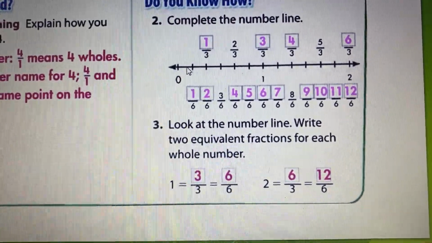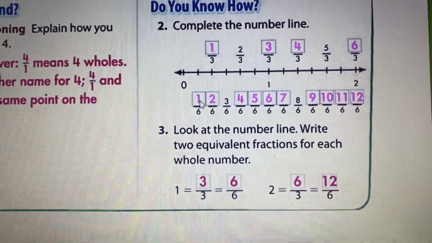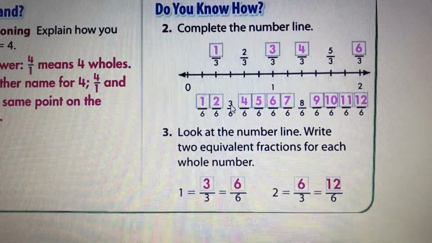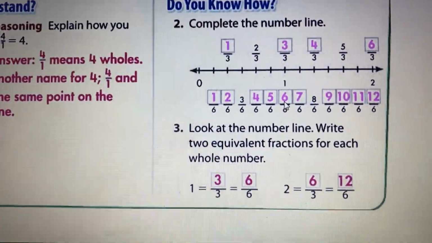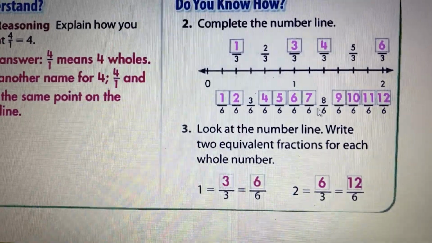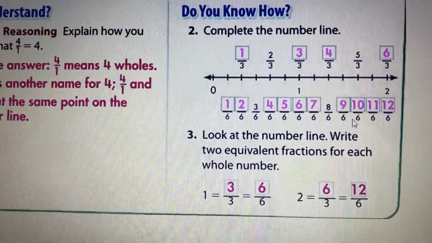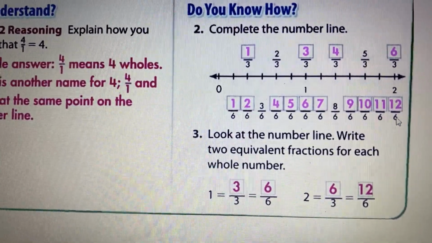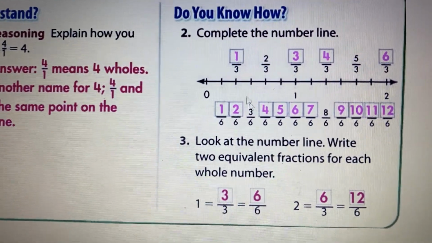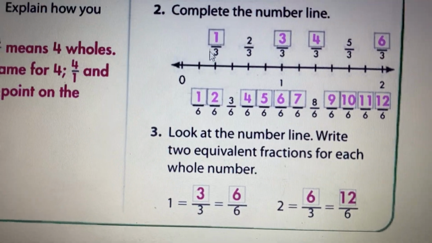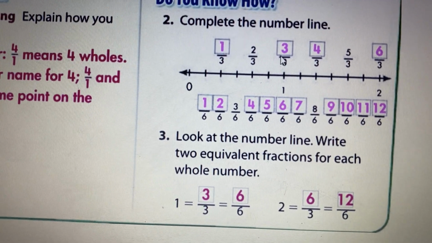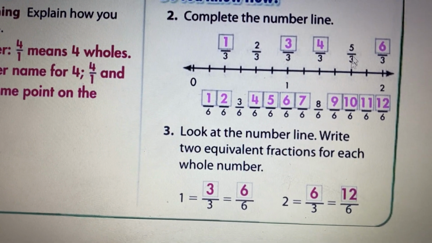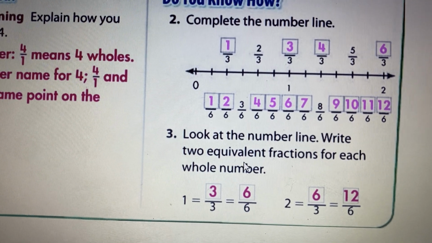Here we can find 1 over 6, 2 over 6, 3 over 6, 4 over 6, 5 over 6. 6 over 6 is a whole. 7 over 6, 8 over 6, 9 over 6, 10 over 6, 11 over 6, and 12 over 6. On the top, we took this before on the number line: 1 over 3, 2 over 3, 3 over 3 is a whole. 4 over 3, 5 over 3, and 6 over 3.